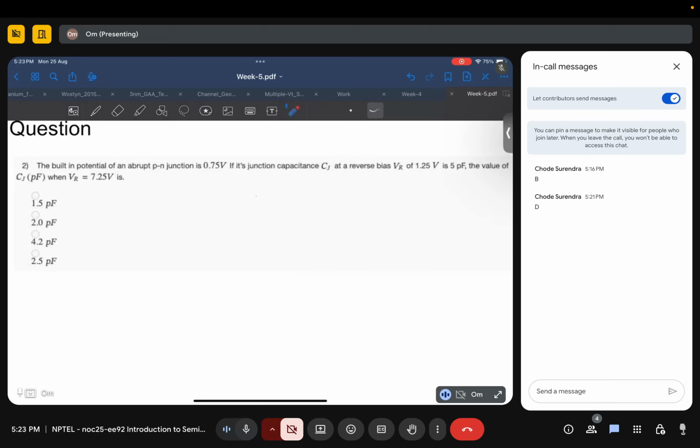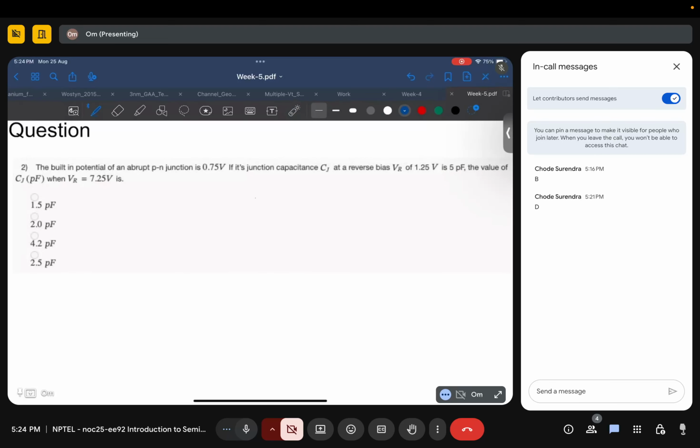Okay, so let's see this. The built-in potential of an abrupt PN junction is 0.75 volts. Its junction capacitance Cj at reverse bias of 1.25 volts is 5 picofarad, and what is the value of Cj when VR is 7.25 volt? So we know that Cj is proportional to 1 by root of VBI plus VR.